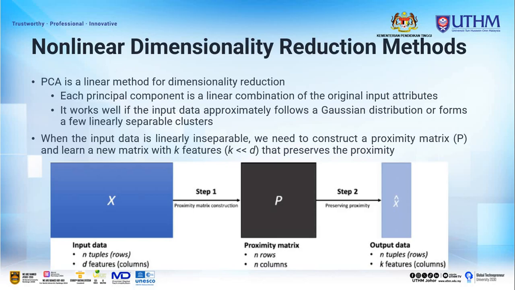The last step is the output, X hat. When you see the hat up here, we say X hat. It's a reduced-dimensional representation with n tuples and k features. Just now we had d features, and now we have k features.